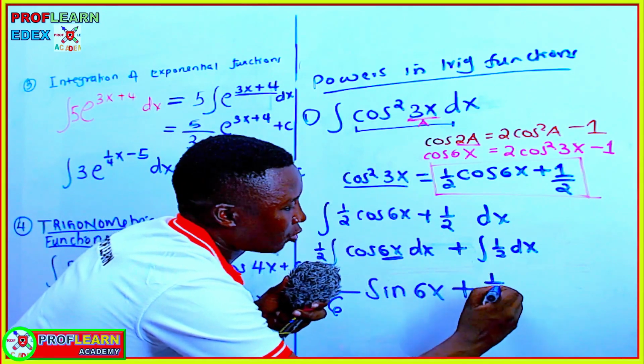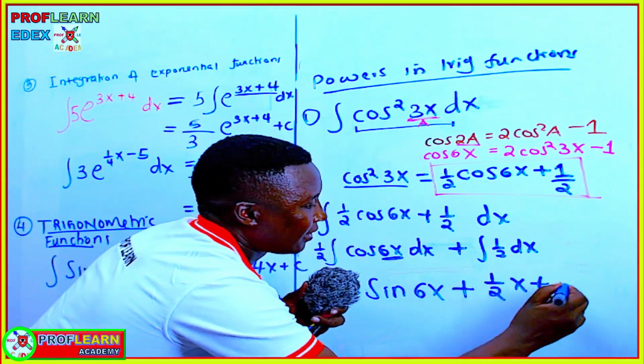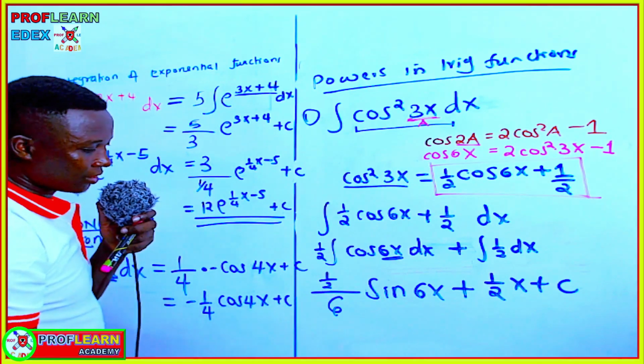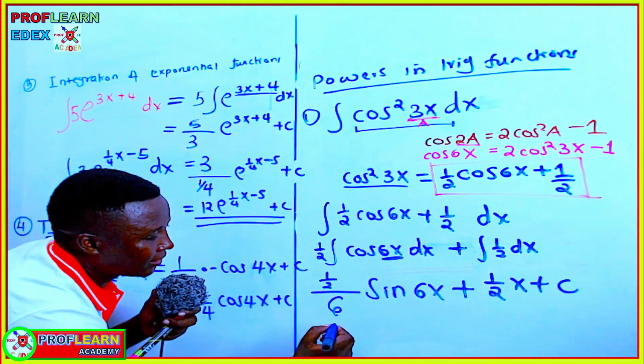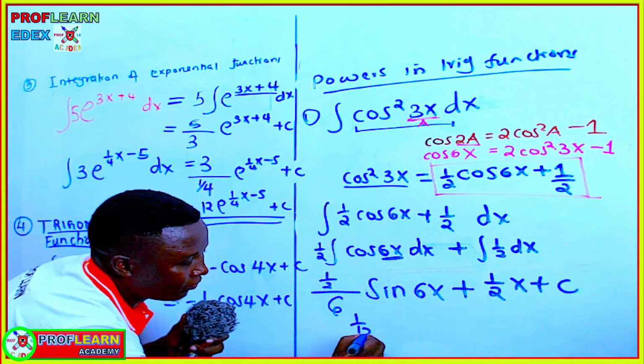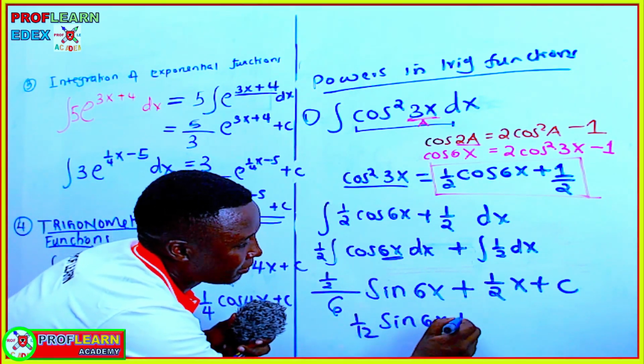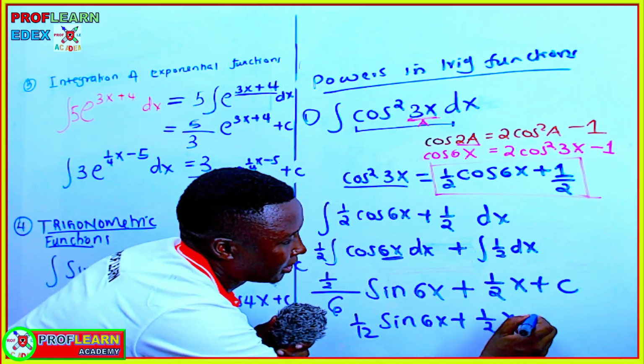Integrating this, we are going to get 1 over 2x, then plus c. So if we simplify this, we get our answer being equal to 1 over 12 sine 6x plus 1 over 2x plus c.